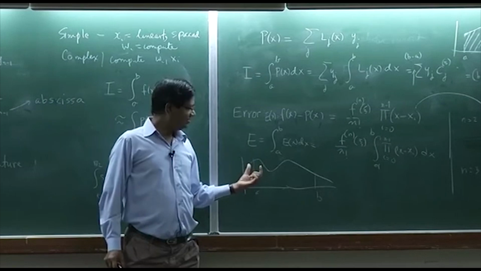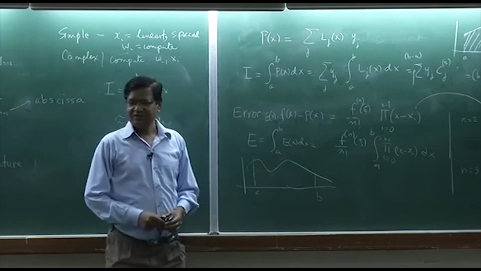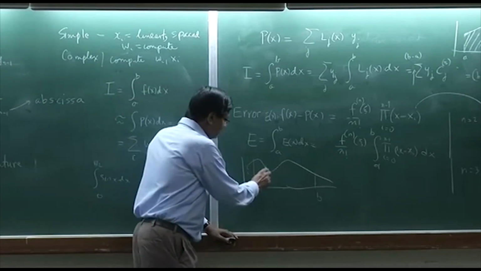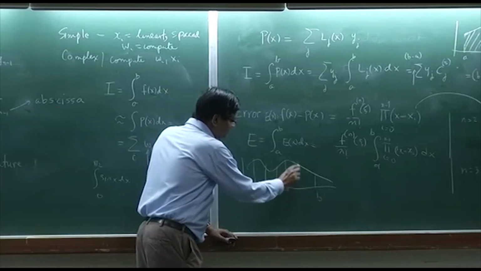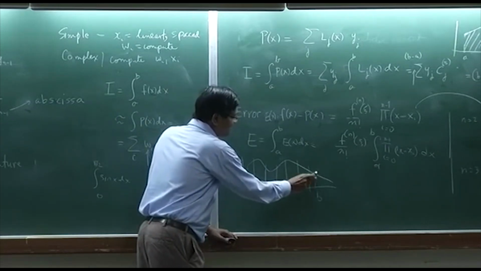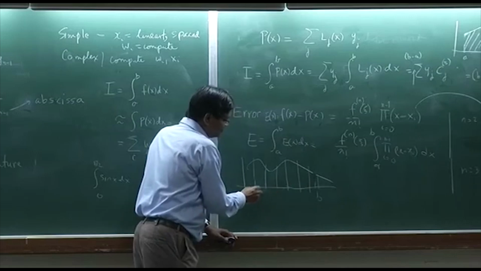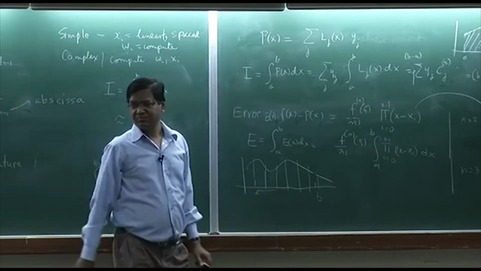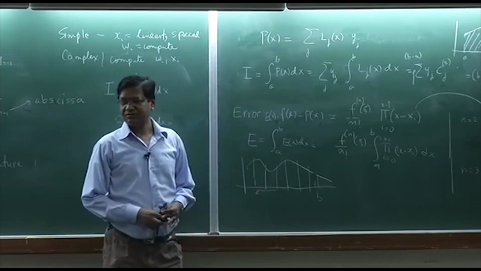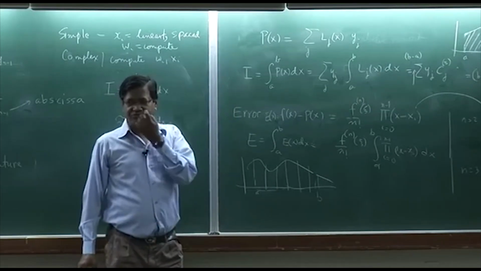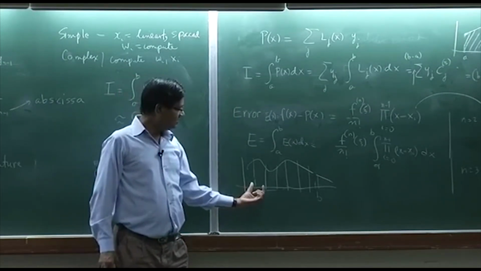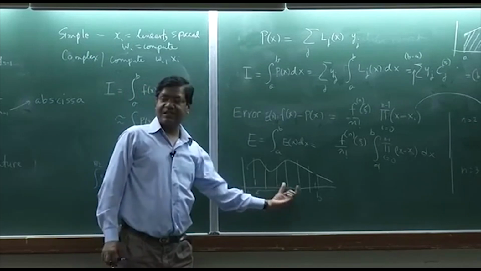I should not use just 2 points. The idea is to make further divisions, and in each of these parts I apply Newton-Cotes. So you should apply Newton-Cotes at each of the small slices.